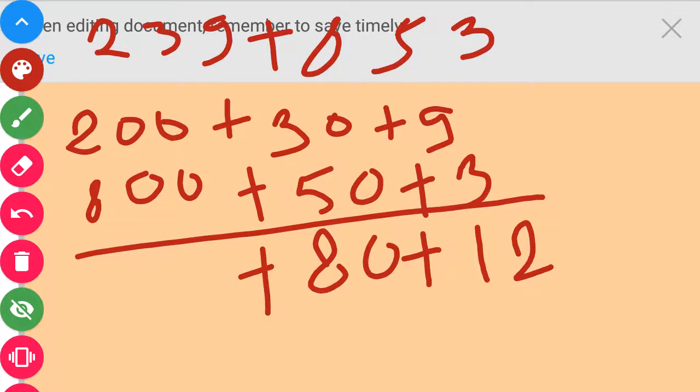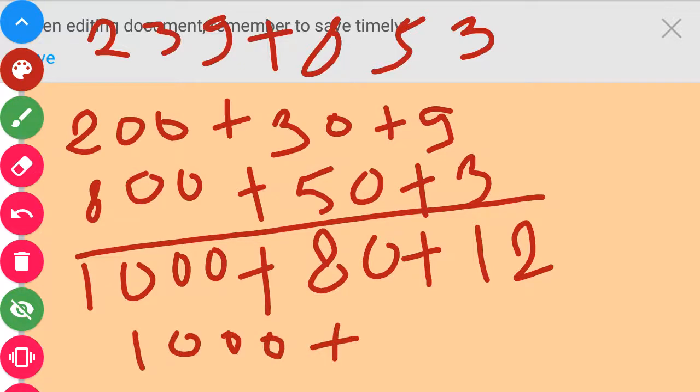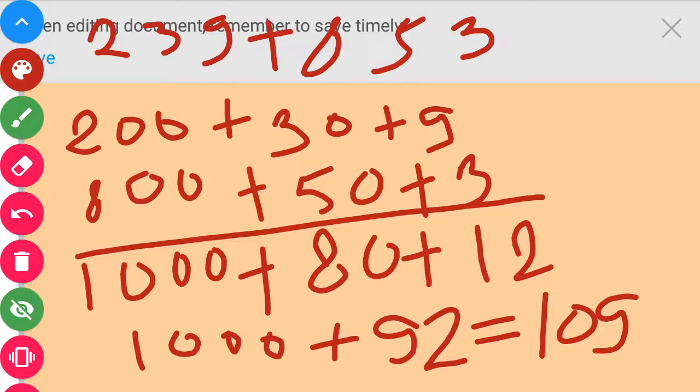And 200 plus 800 we will get 1000. Now, so 1000 plus 80 plus 12 will give us 1092. 80 plus 12 will give us 92. So our answer will be 1092. Okay.